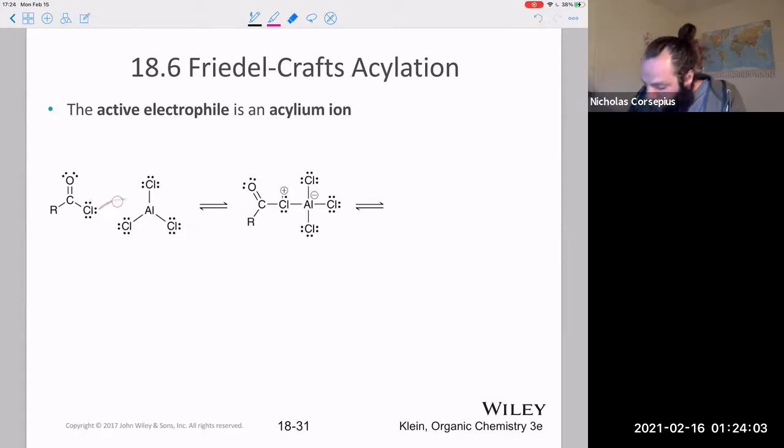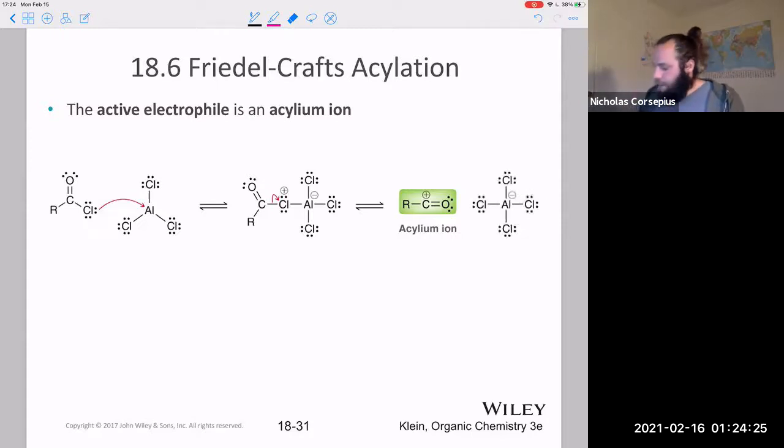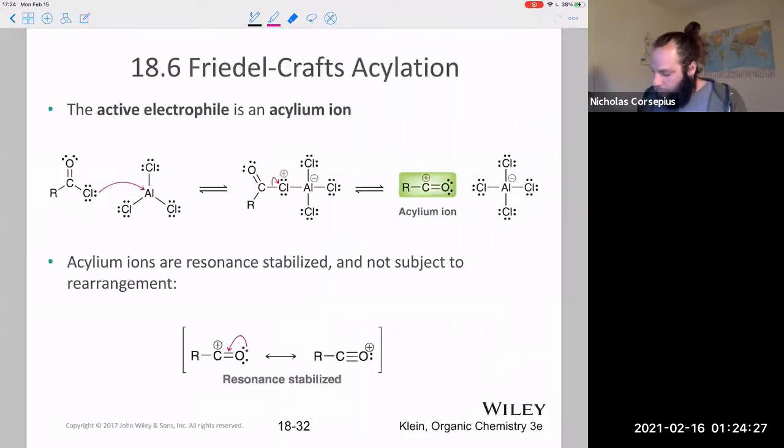Well, just like before, the chlorine is going to attack that Lewis acid, the aluminum. This is going to create this weird looking complex here, but then this can actually break and form what's called an acylium ion, where it's basically a carbocation, but the carbon is a carbonyl carbon.